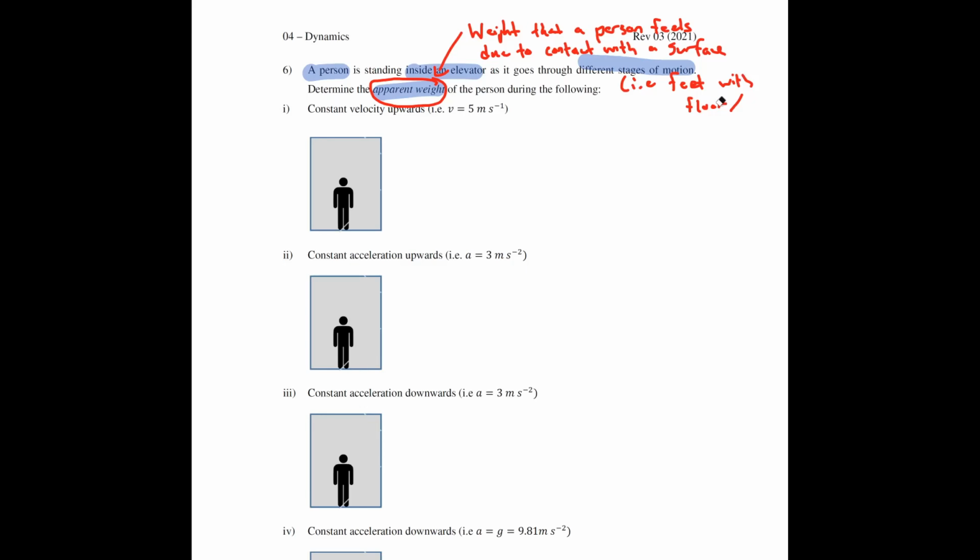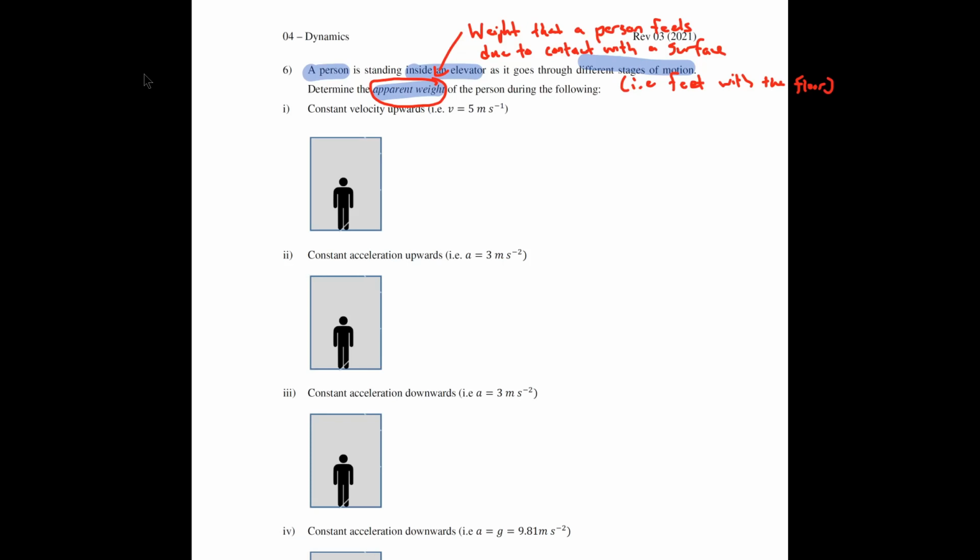Weight that a person feels due to contact with a surface. For example, feet with the floor. Now, for example, when you're standing, you can feel some sort of force acting through your feet. That is what you are feeling as your weight. Likewise, when you are sitting, you will feel some sort of force between yourself and the chair.